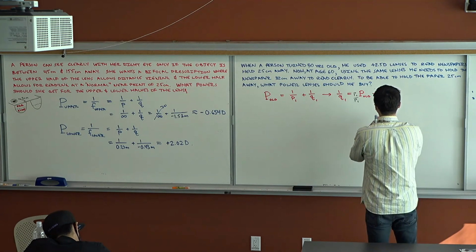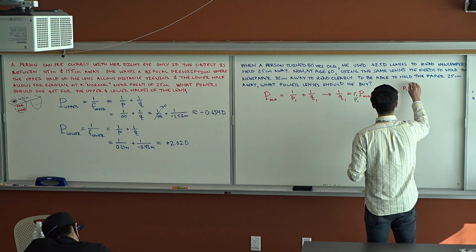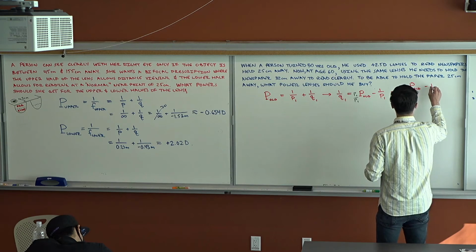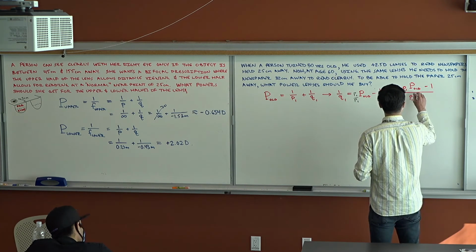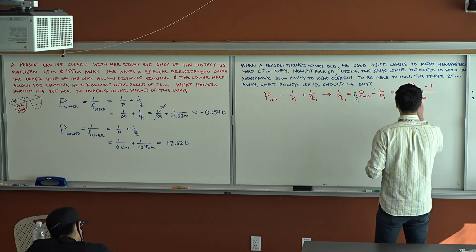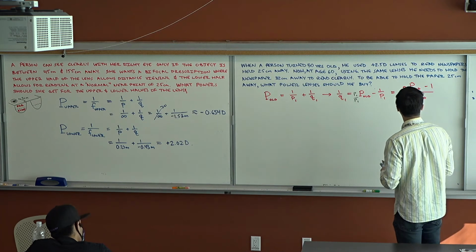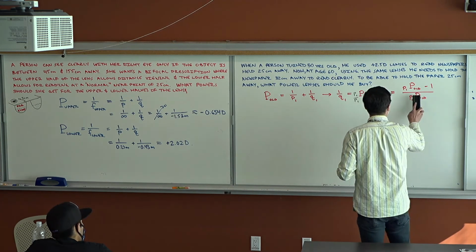And then we get that this is equal to P1 times P old minus 1 over P1. Oh wait, that's not true, just P1, right?